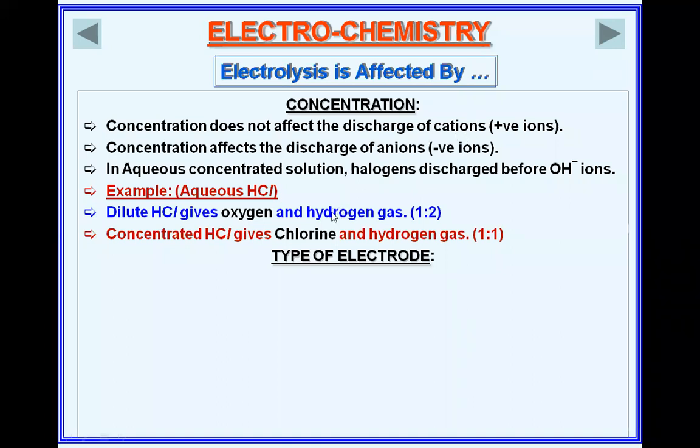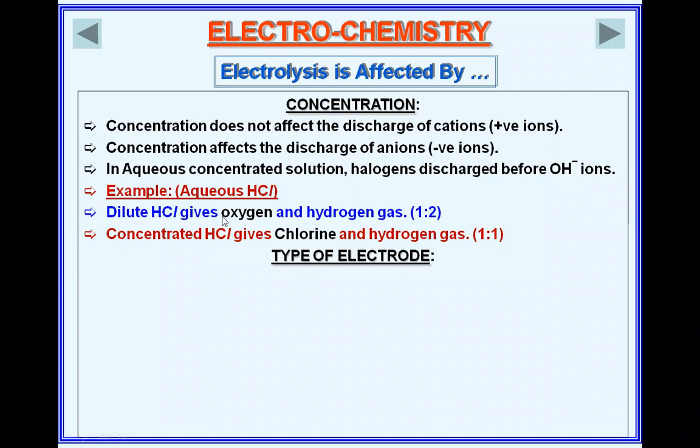Those ions which are present in the reactivity series above hydrogen will never be discharged at the cathode in the presence of hydrogen or in aqueous condition, either concentrated or dilute. In the previous section, we discussed that hydrogen gas should be discharged whether the compound is concentrated aqueous or dilute.